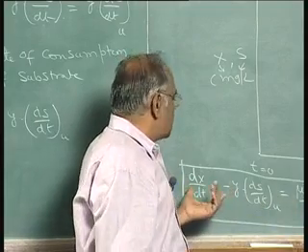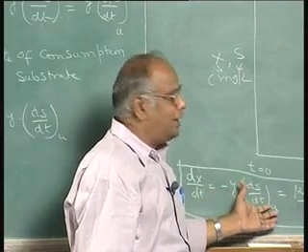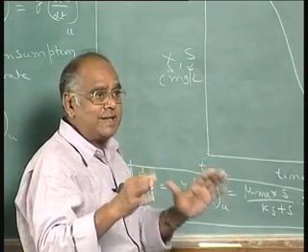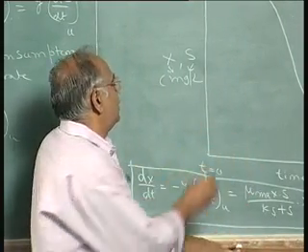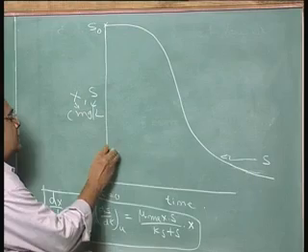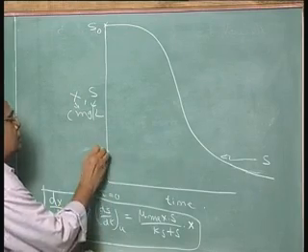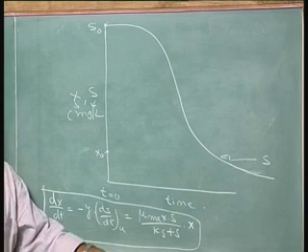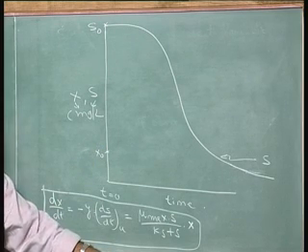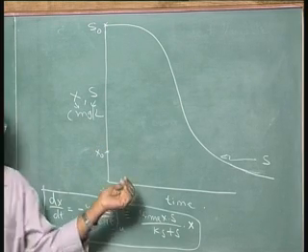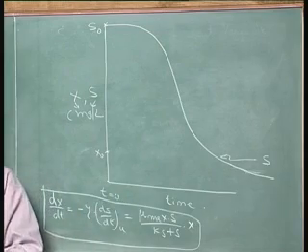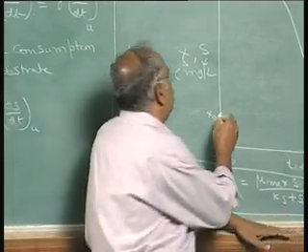Now, I can also use this equation to find out the variation of x with respect to time. At time t equal to 0, the concentration of x is equal to x naught. So this is x naught to start with, and as a function of time, the microorganisms are utilizing the food and they increase in number.